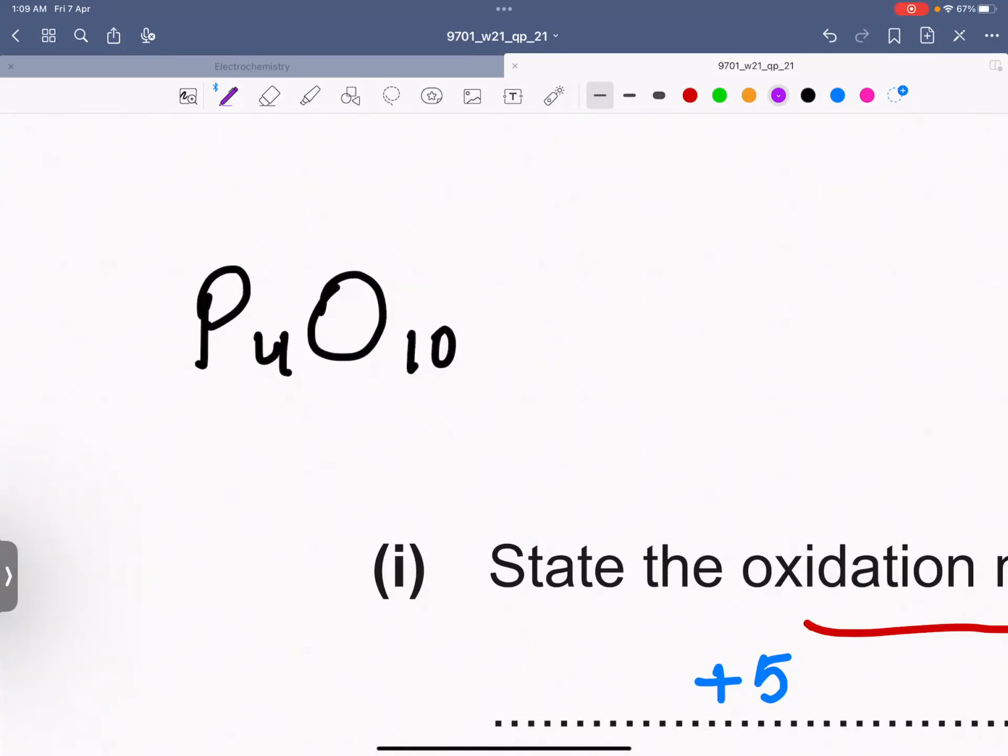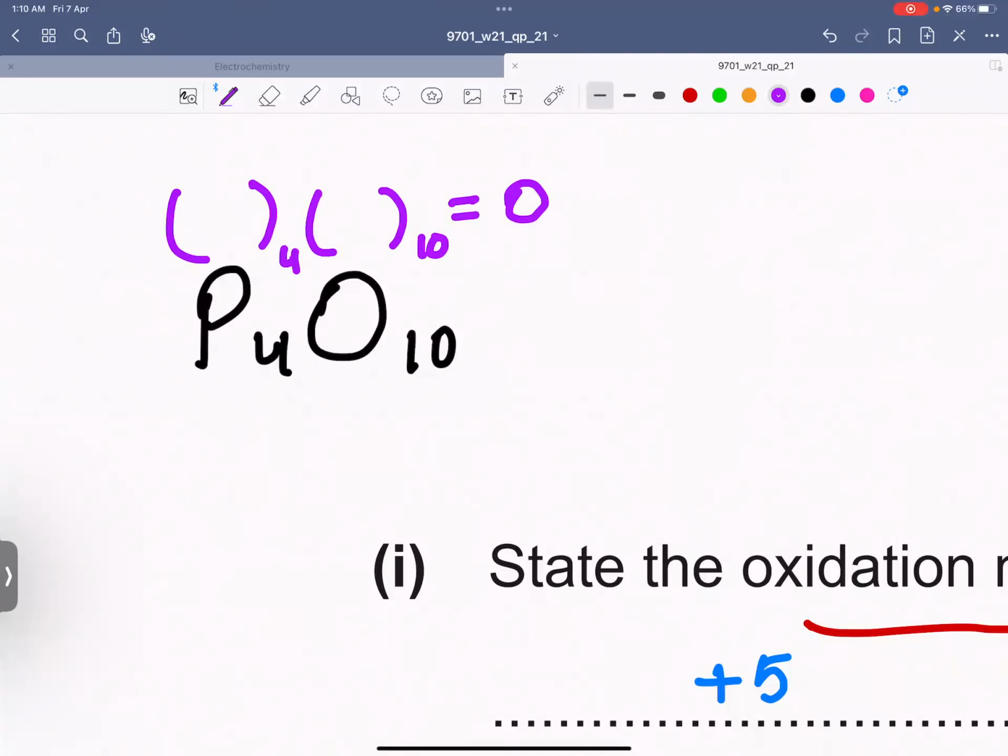No sir. So it means whatever charges these oxygen and phosphorus have, the sum of these charges must be equal to 0, right? Is this clear? Yes.